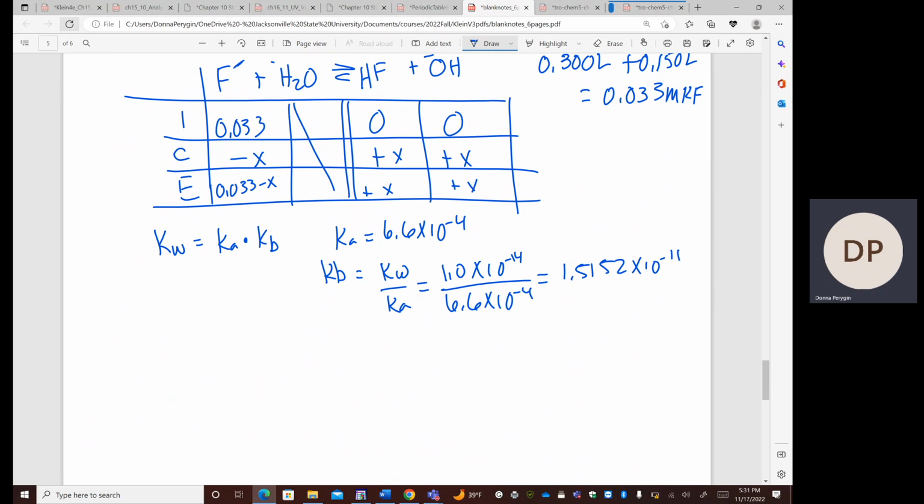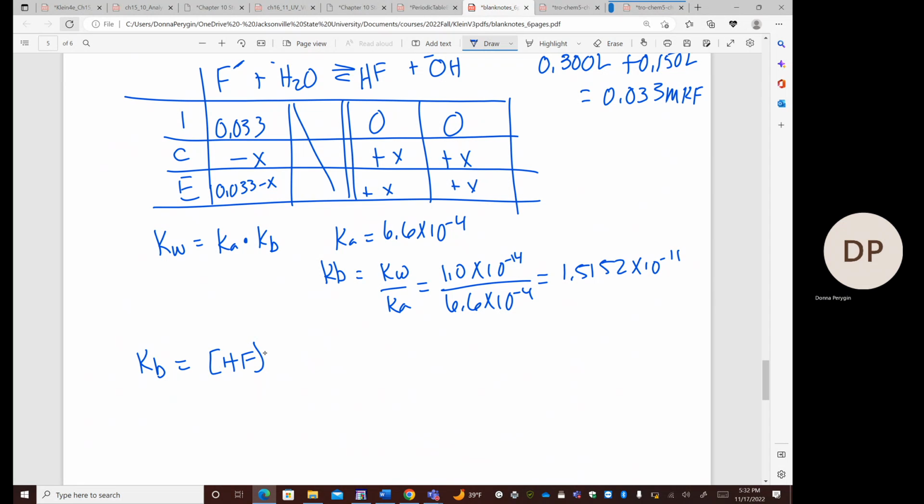So now we can set up our equilibrium expression. So we're not talking about dissociation of an acid, we're talking about dissociation of water by a base, and therefore we need to write the equilibrium expression with the Kb. So let's just go ahead and write that down. Kb is equal to... oh no, I'm doing that wrong thing again.